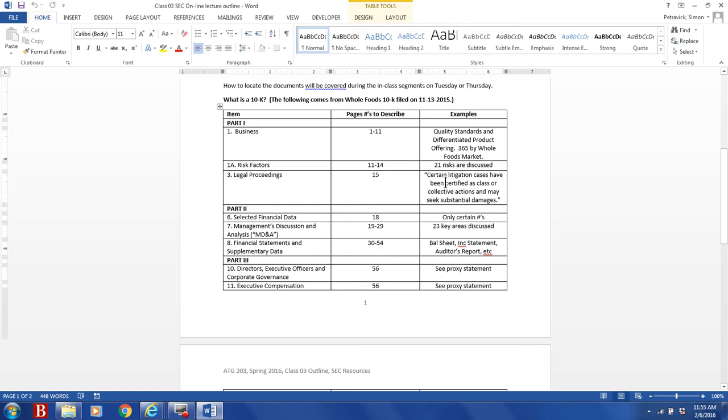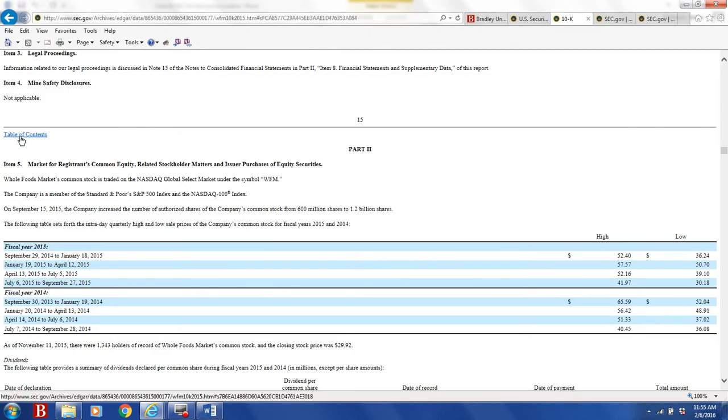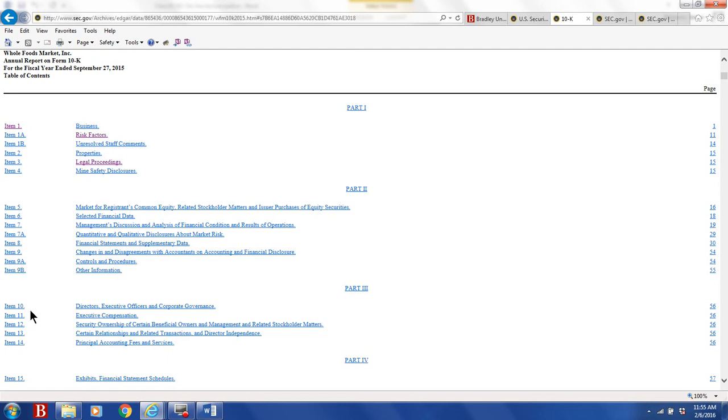They indicate that these lawsuits have been certified as class actions. That means that there could be a large number of people involved in the lawsuit. It doesn't give any further information since the lawsuit is pending.